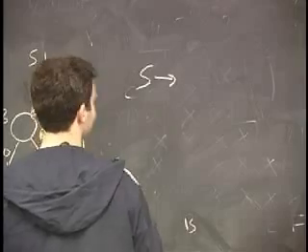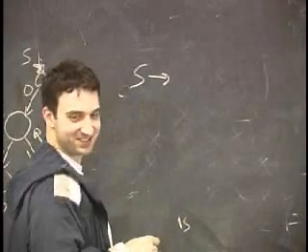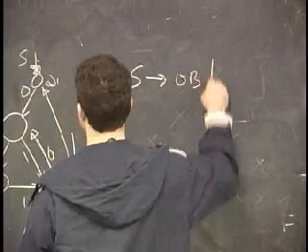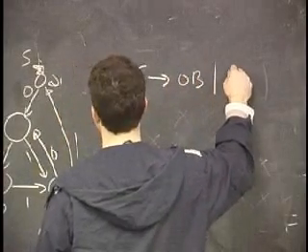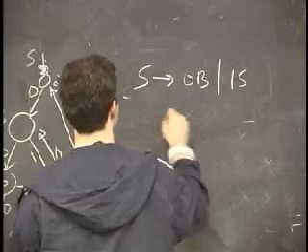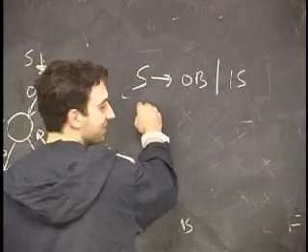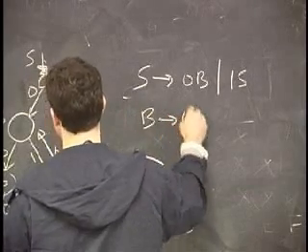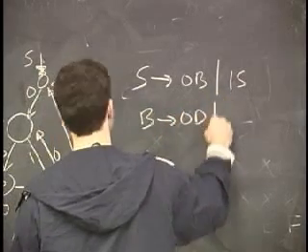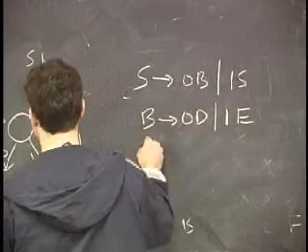All right. Quick. This goes to 0B or 1S. Okay. B goes to 0D, 1E. All right, so this is mindless and trivial, right?